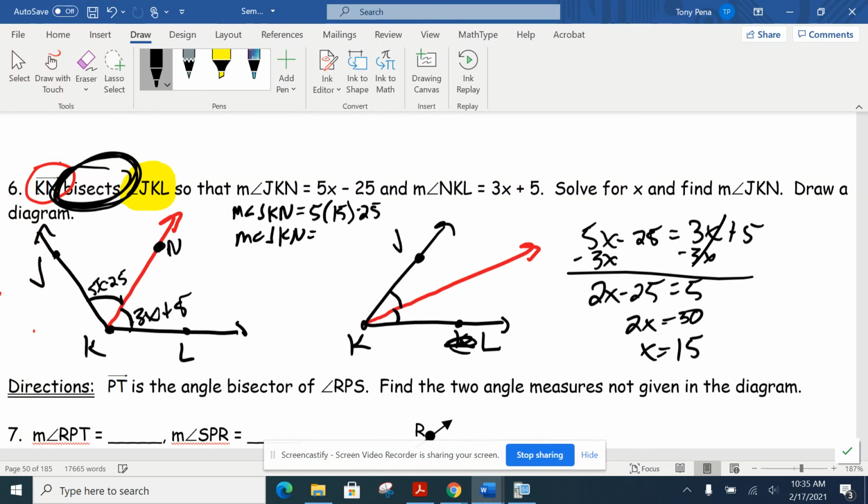So that is what, 75 minus 25, so that should be a 50-degree angle. So then we now know that this was a 50-degree angle. Doesn't the other one also have to be 50 degrees? Yeah. And then this overall angle, if I ask you for that, would have to be 100 degrees. All right. So measure of JKN from here to here to here would have to be 50 degrees.